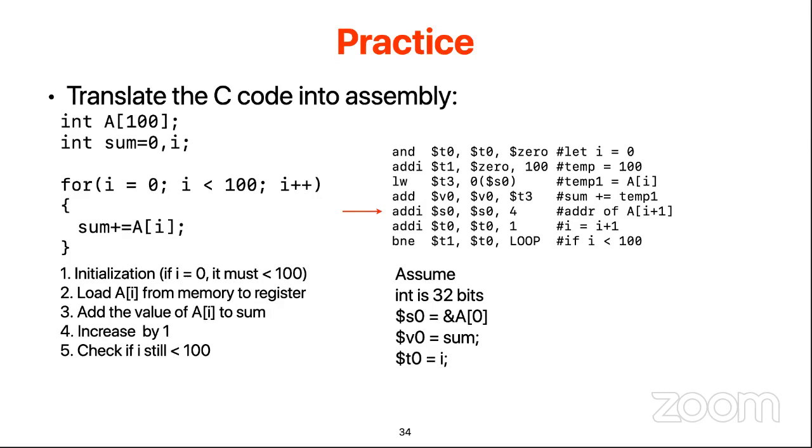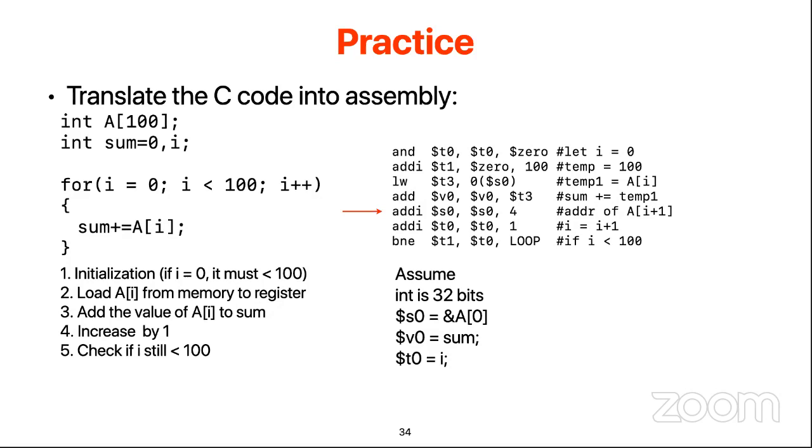Then we perform a comparison. Because we are incrementing, if it starts with 0 and hasn't reached 100 yet, we are still smaller than 100. So if the incremented value of T0 is not equal to T1, it means that I must be smaller than 100. In this case, we should go back to the beginning of the loop.